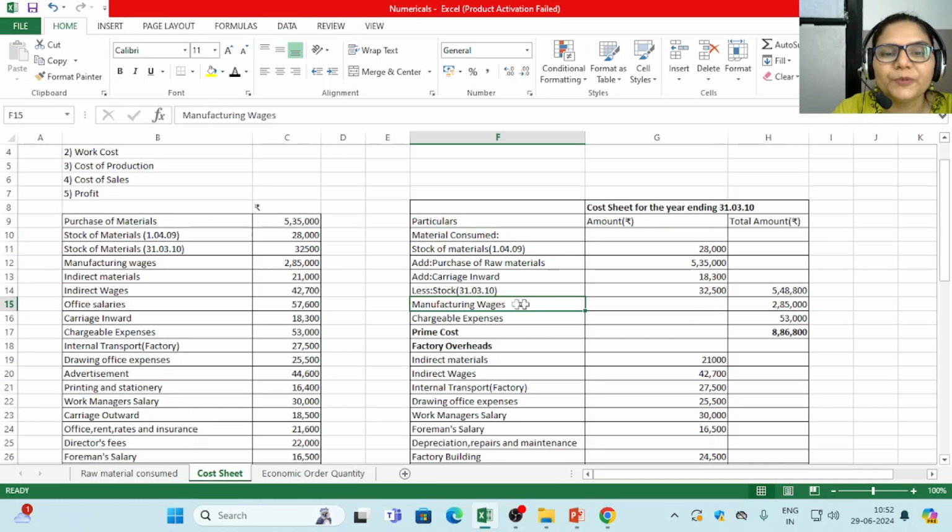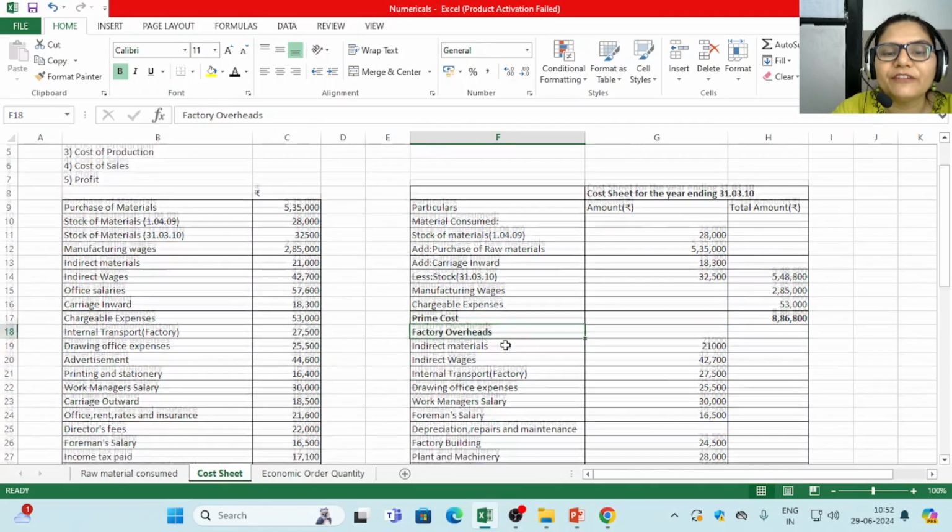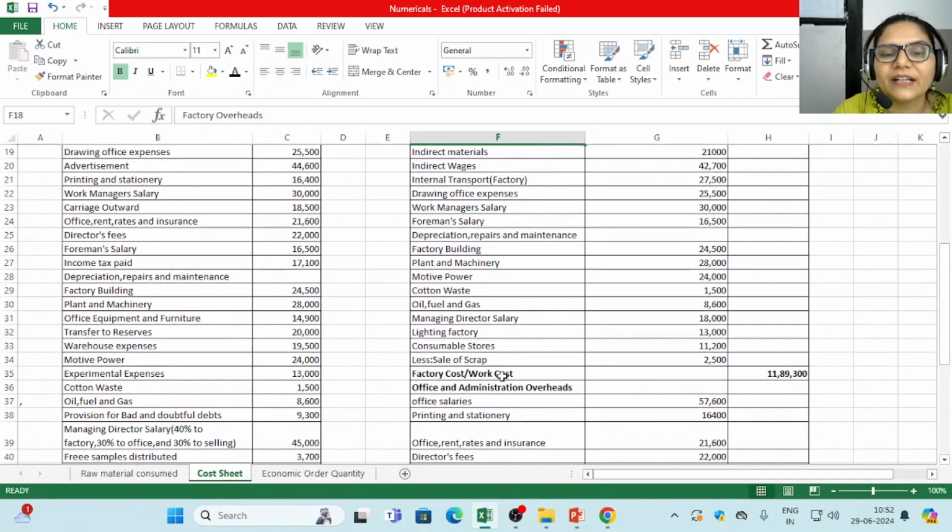In material consumed, we will add manufacturing wages and chargeable expenses, which are again your direct expenses, and after adding these three values, we will be arriving at a value of prime cost.